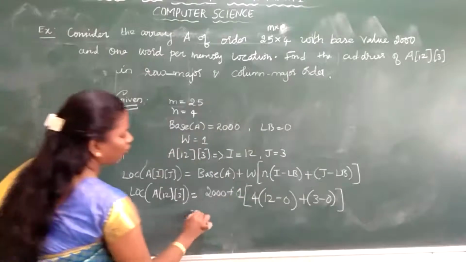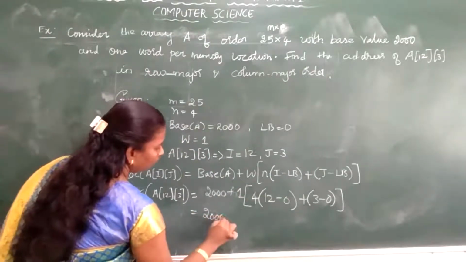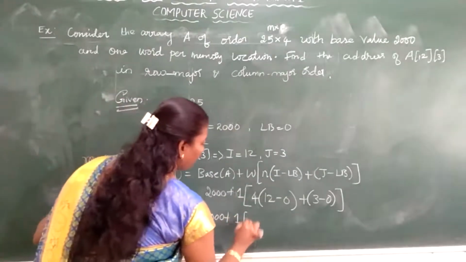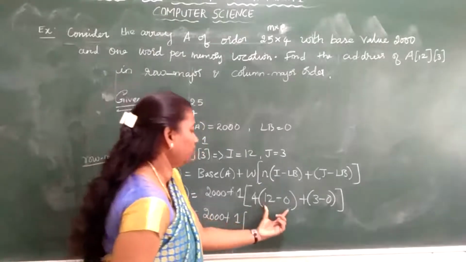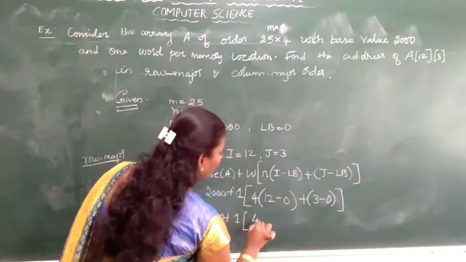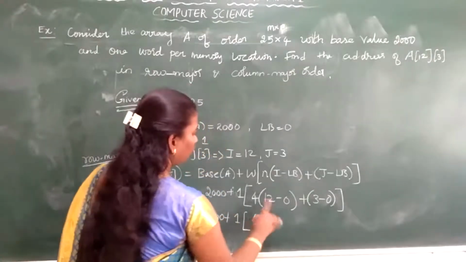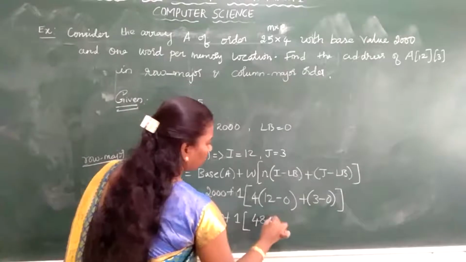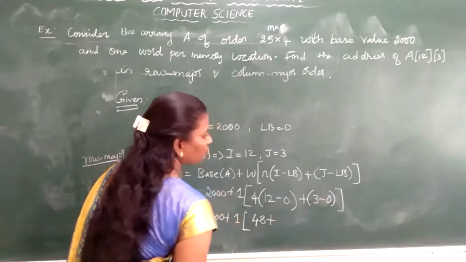According to the BODMAS rule, first we will solve what is inside the bracket. So 12 minus 0 is 12. 12 4s are 48. 4 2s are 8, 4 1s are 4. Plus 3 minus 0 is 3.